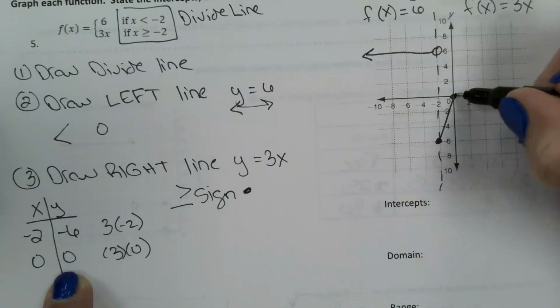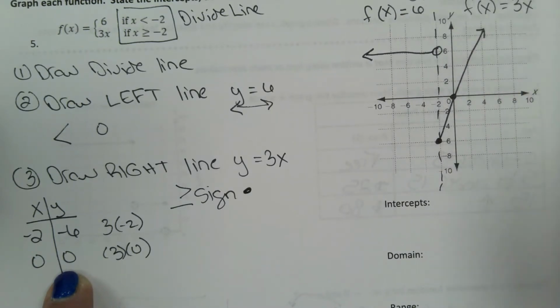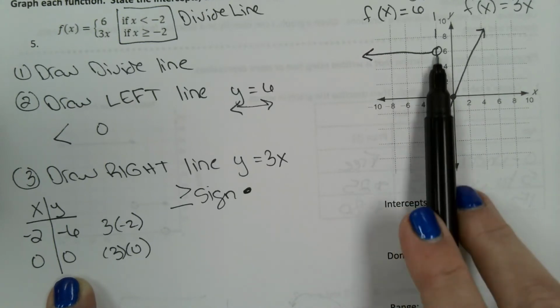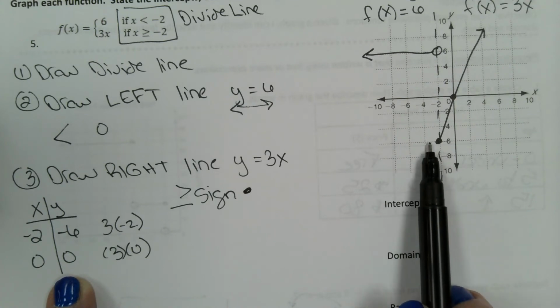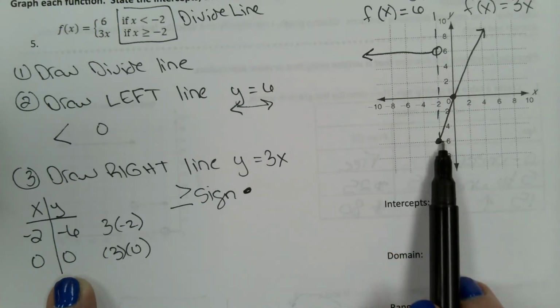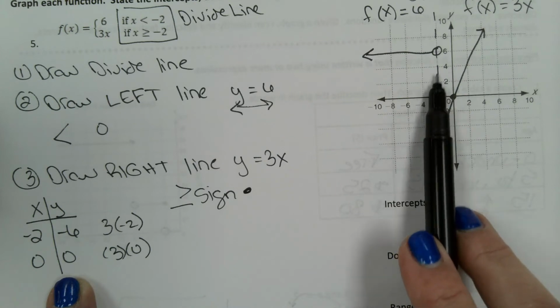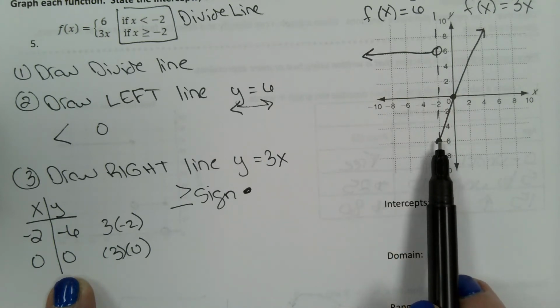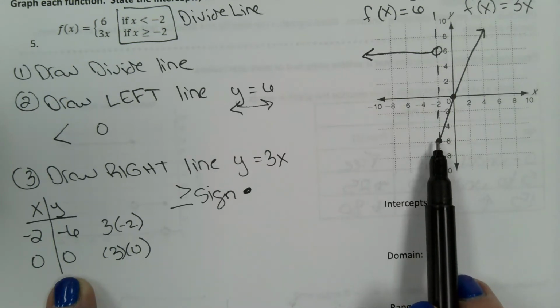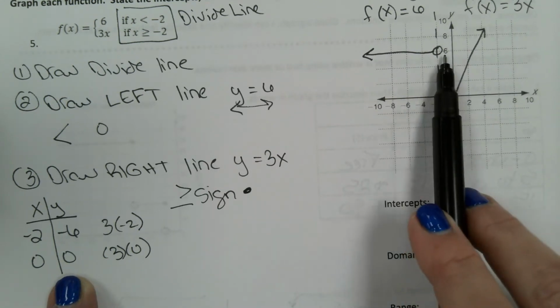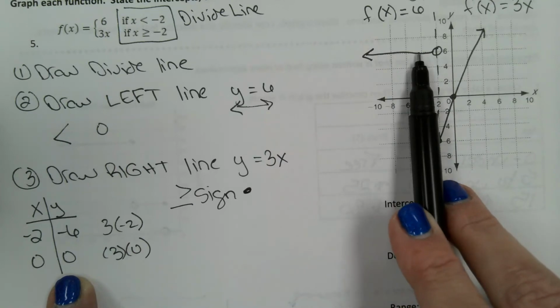You should generally take a straight edge and connect the dots and extend the line to the right. So you can never have two values at the same time. On your divide line, you should generally have one open circle and one closed circle. So at x equals negative 2, you would really use the closed circle, and the open circle just says it approaches it.